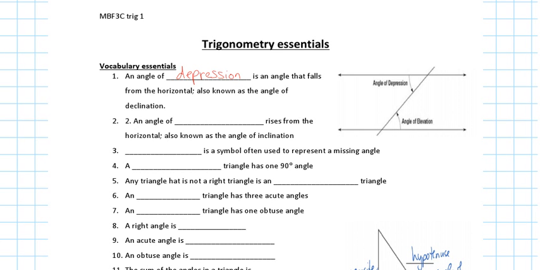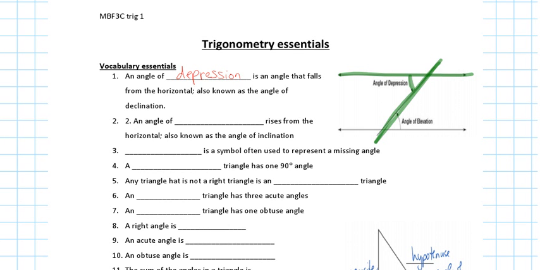Okay? So you see how this right here is your horizontal line, right? And then you have the angle or the line of sight. This is the line of sight, and this is the other line. This right here between the horizontal line and the object line is called an angle of depression. So let's say if I'm standing right here and I'm looking at an object on the ground, there is an invisible horizontal line coming out of my eye of sight.